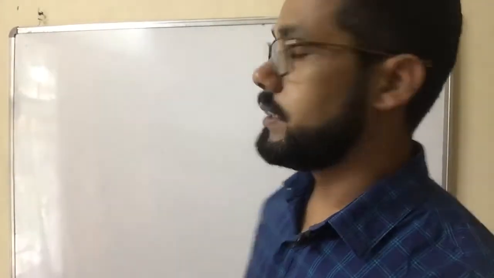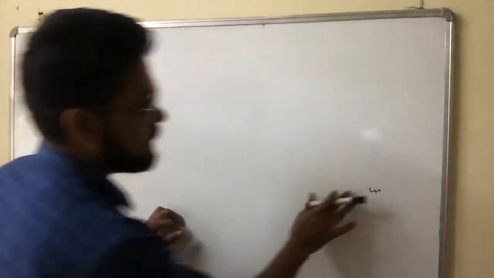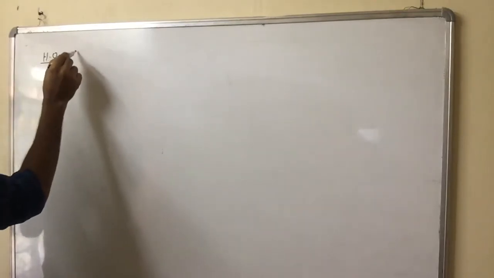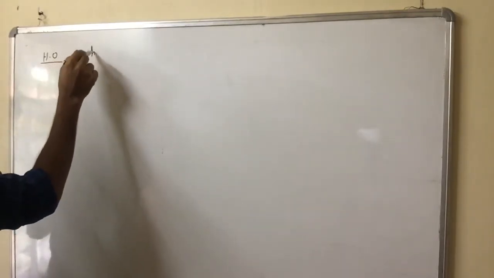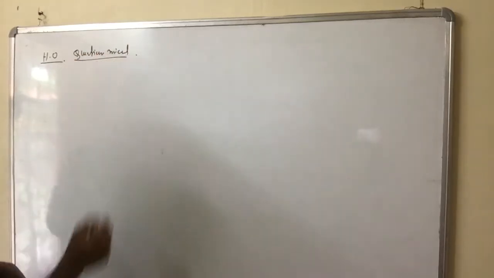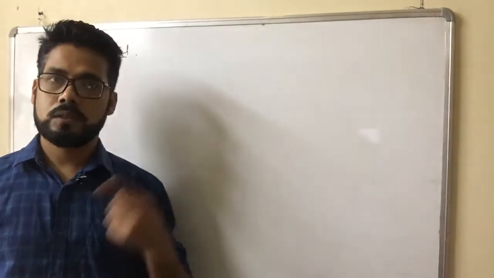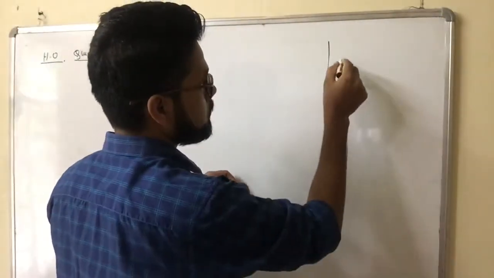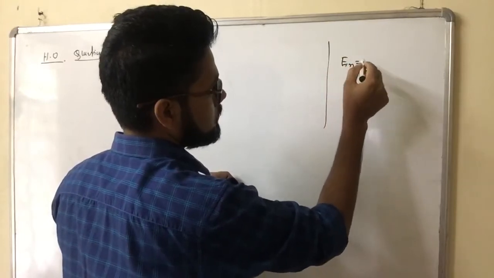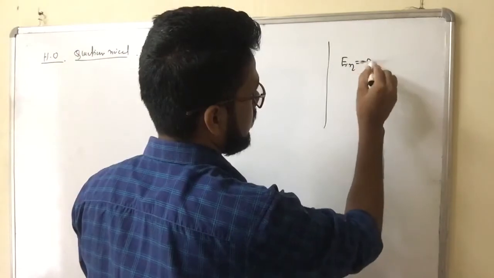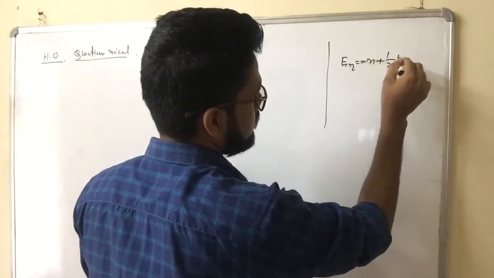Okay, so I'll start from the last class: the quantum mechanical harmonic oscillator, which is also known as a Schrödinger oscillator. This is the one-dimensional case, with energy (n plus half) h cos omega.